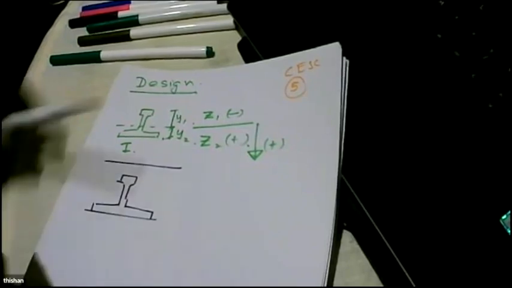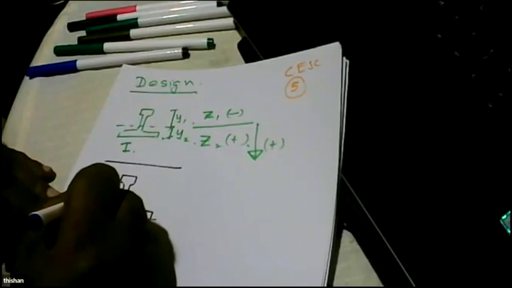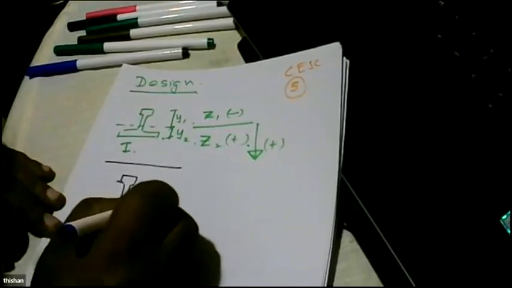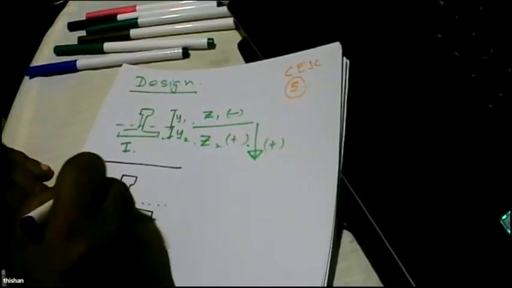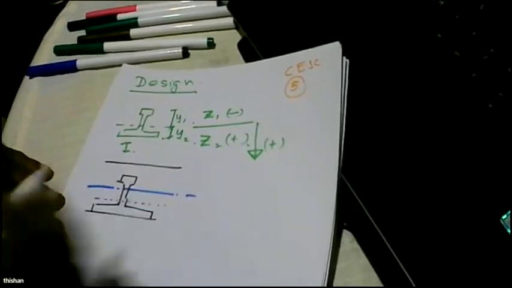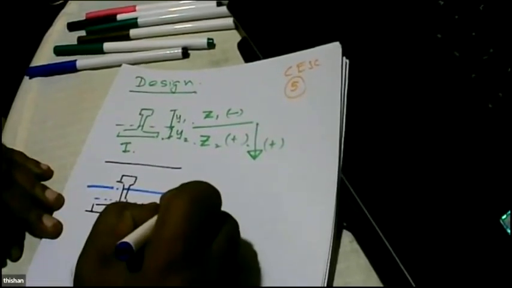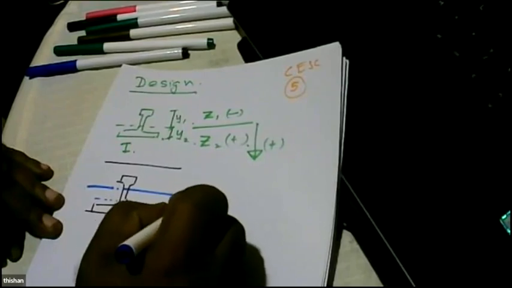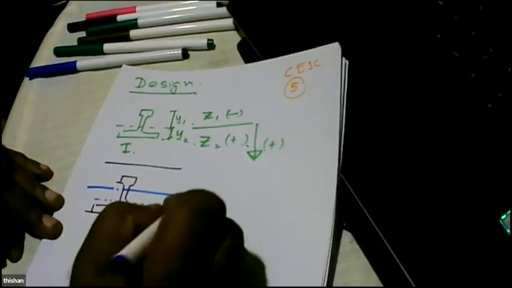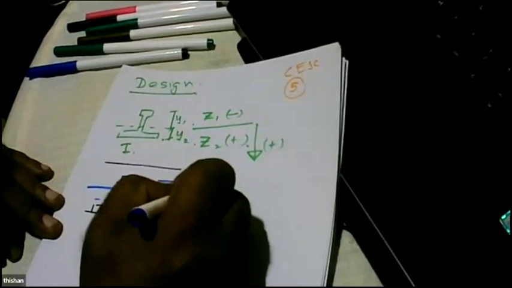Now you can see this is the composite situation, and originally we had the neutral axis somewhere here. Now the neutral axis will be somewhere there. Now the distances will be y1 dash and y2 dash.